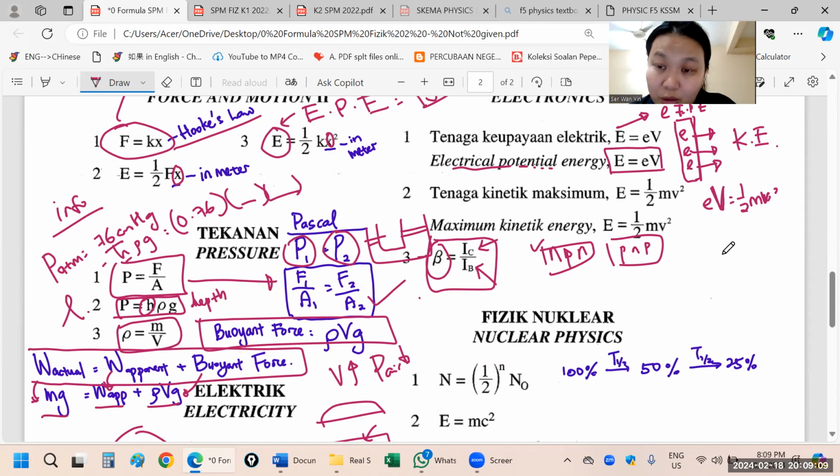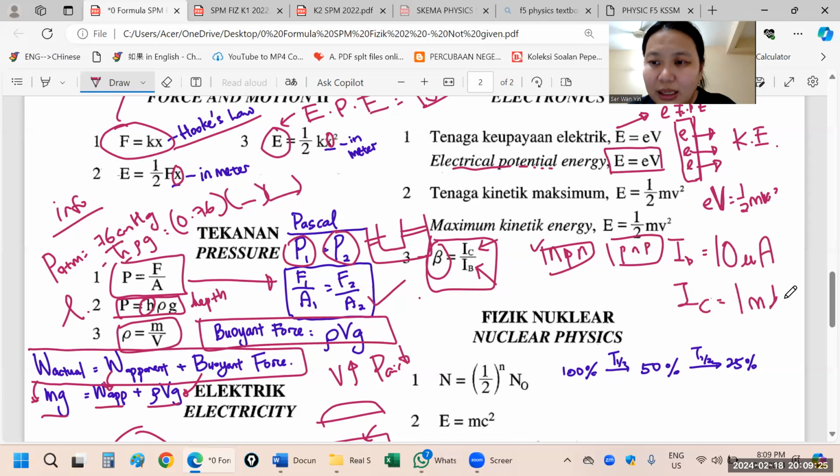This one be careful because sometimes they will say the base current is 10 micro, then the collector current is 1 milli. Actually, which one is bigger, IB or IC? Which one has bigger current?